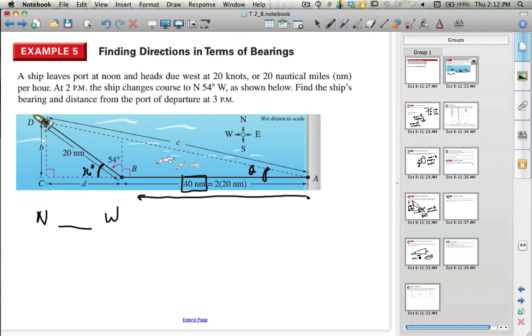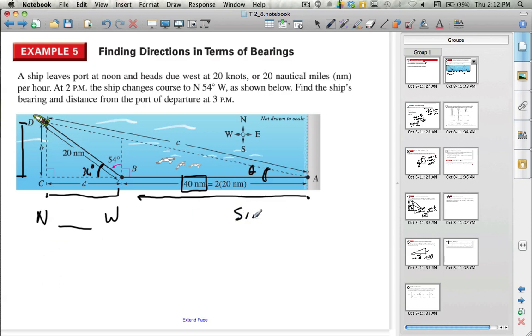So that means what I'm going to need to determine is I'm going to have to find this D value, and I need to find this B value so that then I can go ahead and calculate this out. So I can do that: the sine of 36 would be B over 20.